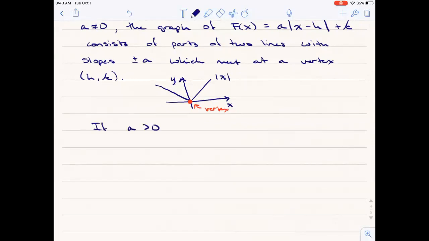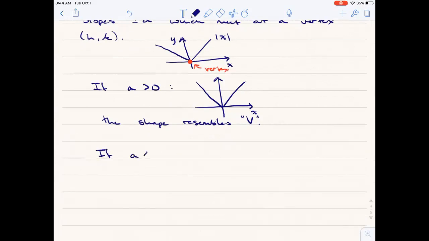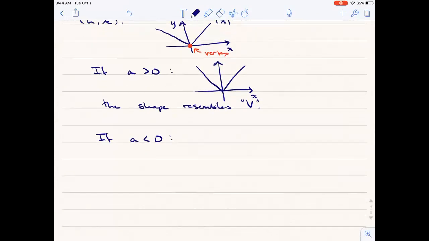Okay. If a is greater than 0, so if a is positive, then in general, the shape resembles just a V. Whereas if a is less than 0, then we have something that looks like, on an XY graph, let's put the vertex up top here just because of how I drew it.